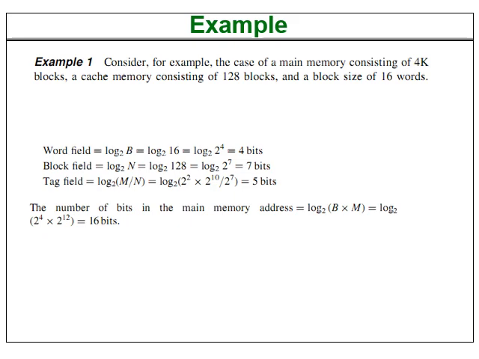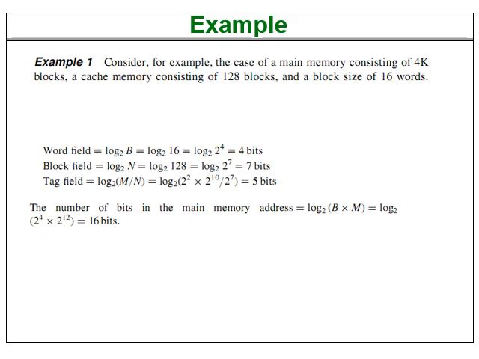As you can see, we have considered 4 kilo blocks. 4 kilo blocks means 1 kilo is 2 to the power 10, and 4 is 2 to the power 2. So for the main memory, there are 2 to the power 12 blocks, and each block has 16 words.